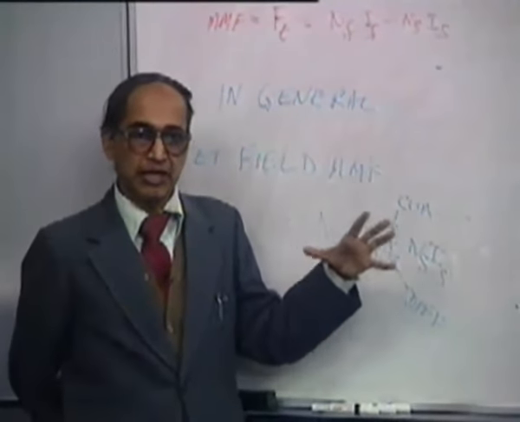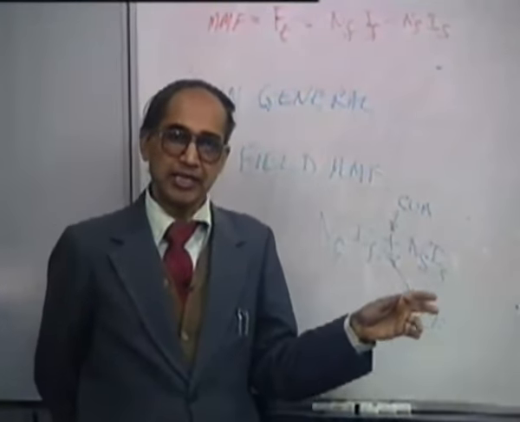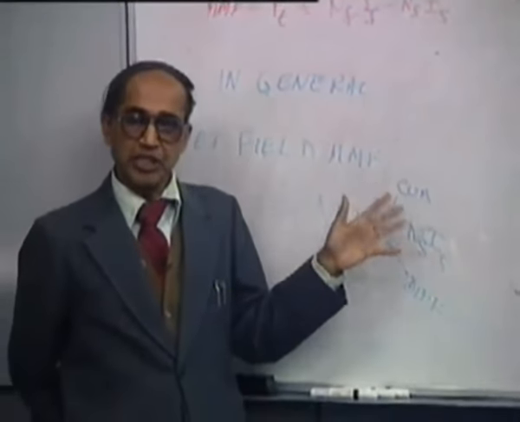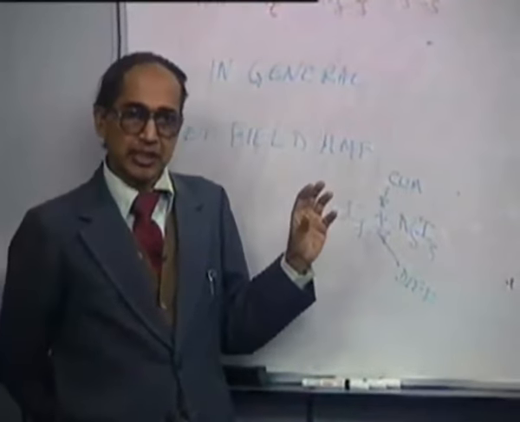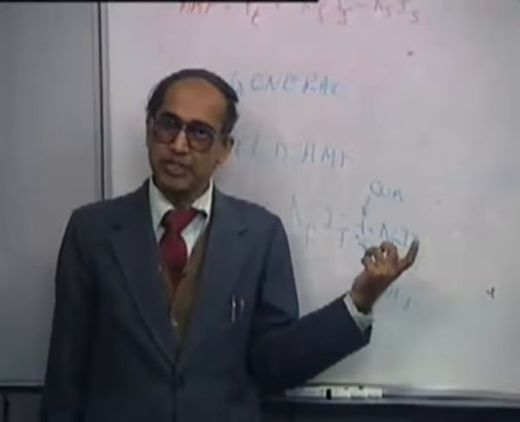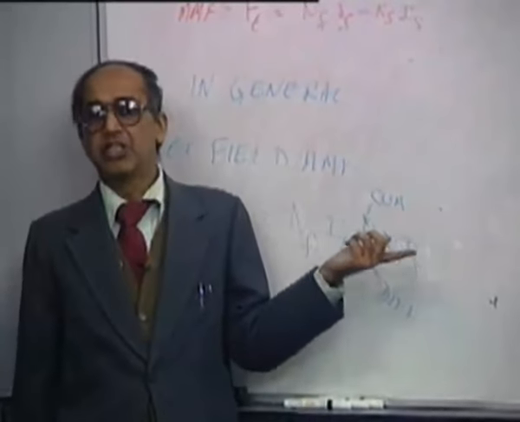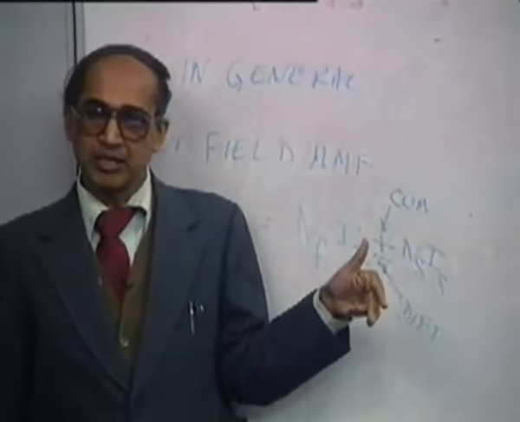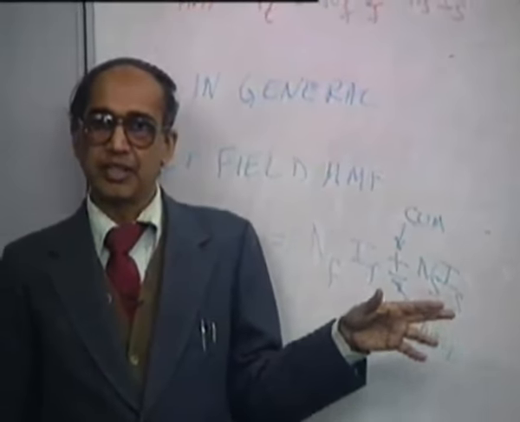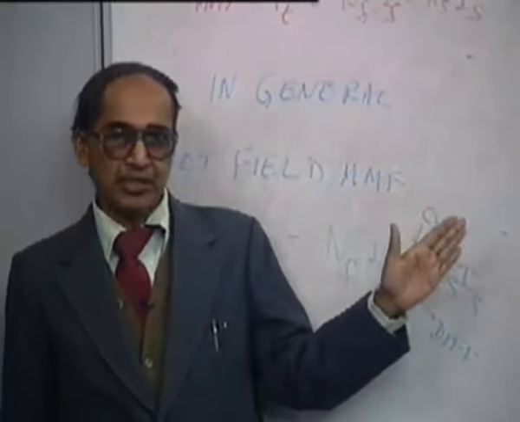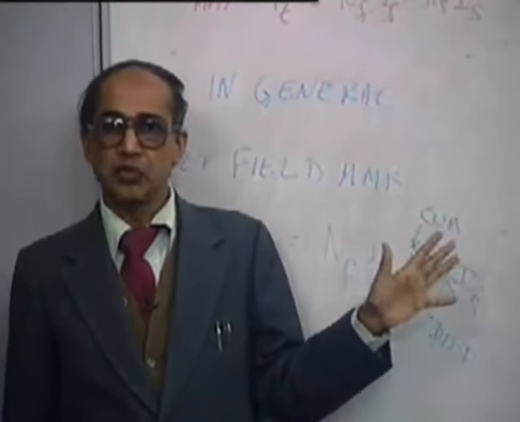So the shunt field has more turns but carries small currents, with thinner wires, whereas the series field must carry the rated machine current, therefore it must have thicker wires, but there should not be much drop across them, so it must have a lower resistance, which means it must be made up of thicker wires, smaller turns, larger cross section, and smaller length.